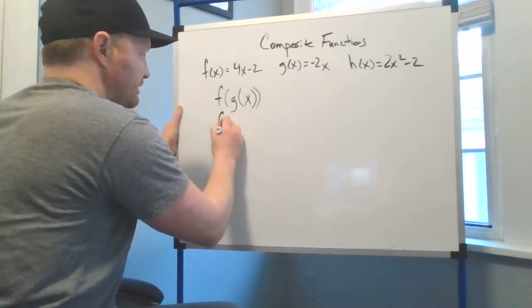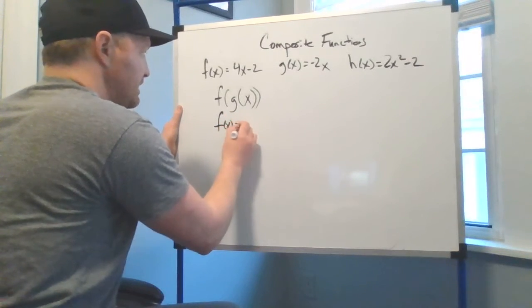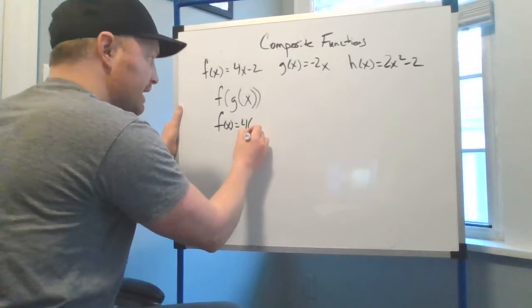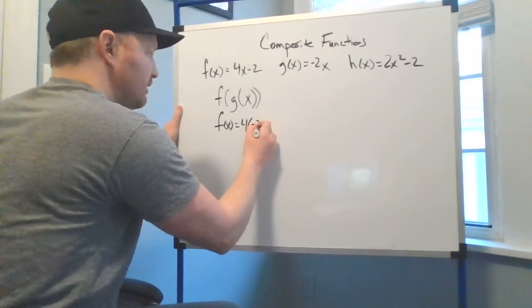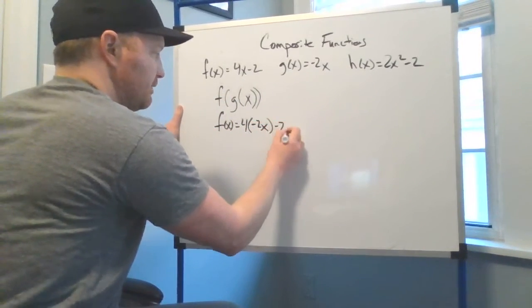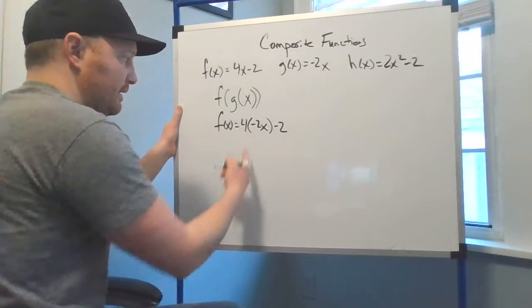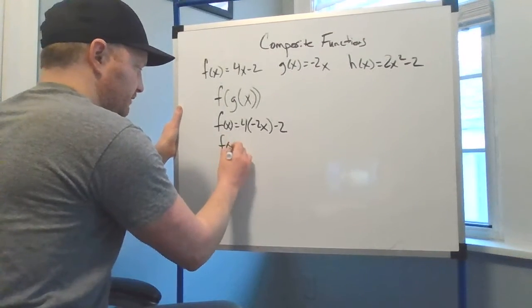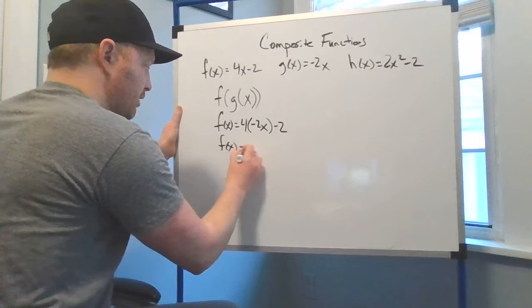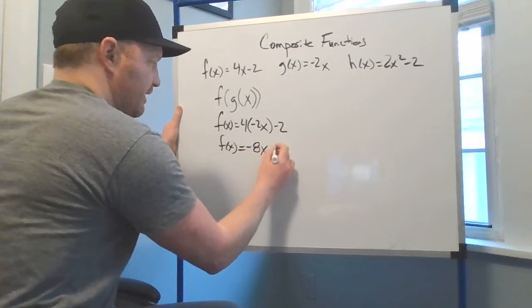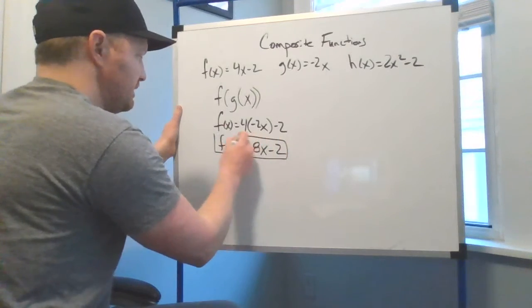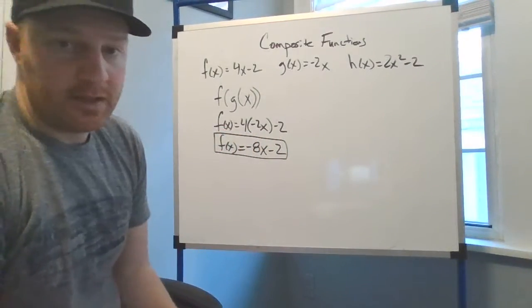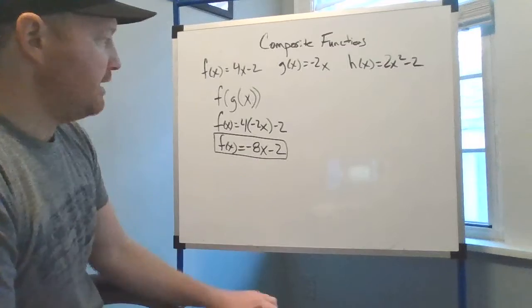So now this says f of x equals 4 times, because that's, remember, it's being multiplied against the x, this entire function, negative 2x minus 2, okay? Now, just to solve this out, we just multiply negative 8x minus 2, and I cannot combine like terms, so this is your final answer. Good as that, okay?